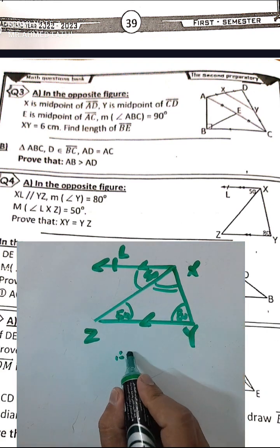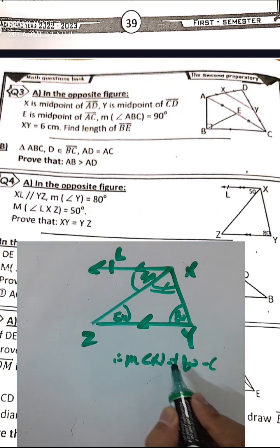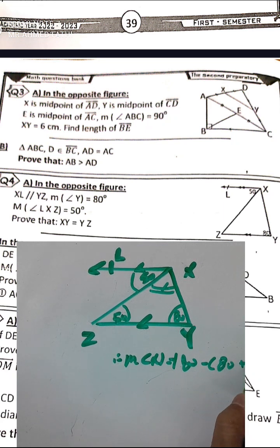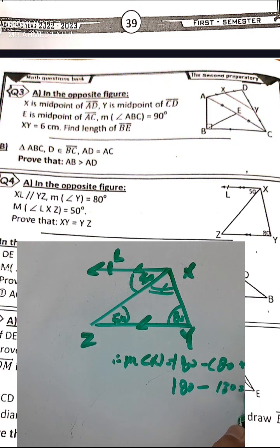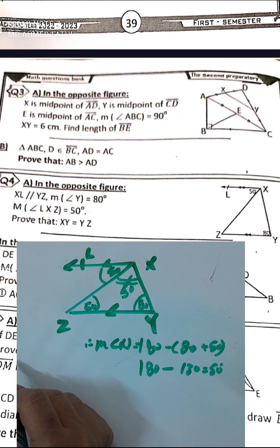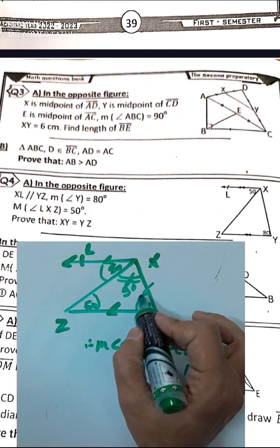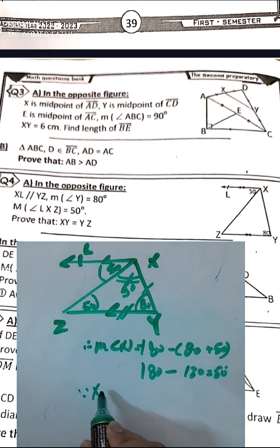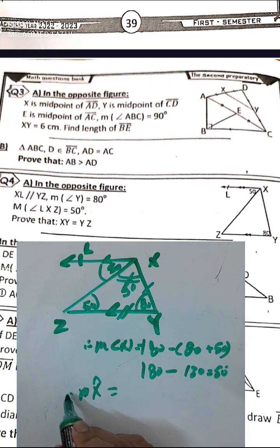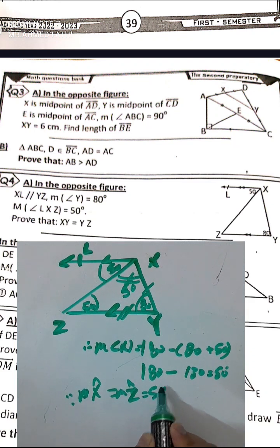Then we can find the measure of angle X here: 180 subtract the sum of 80 and 50. 180 subtracted by 130, the result will be 50 degrees. This angle will be 50 degrees. Okay. And then we have two angles equal here, such that the measure of angle X equals angle Z equals 50 degrees. Then XY equals ZY.